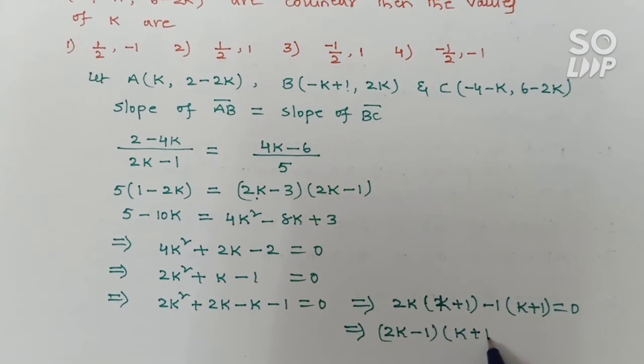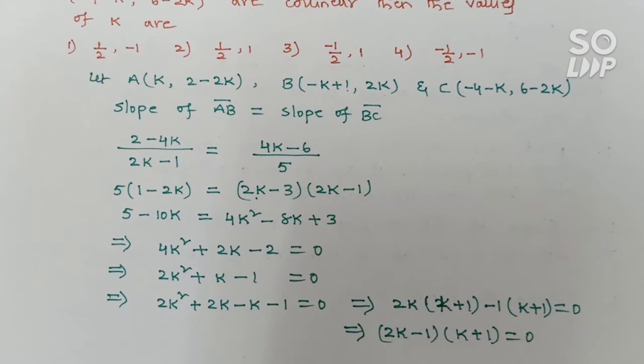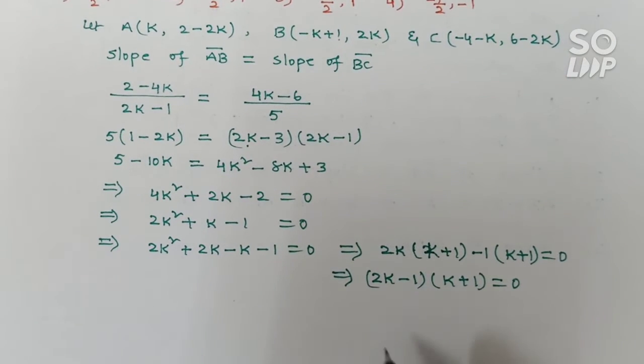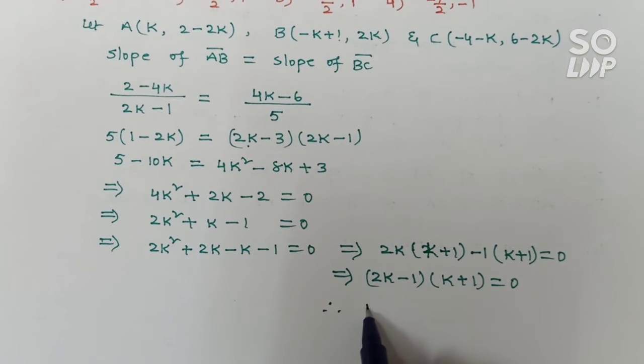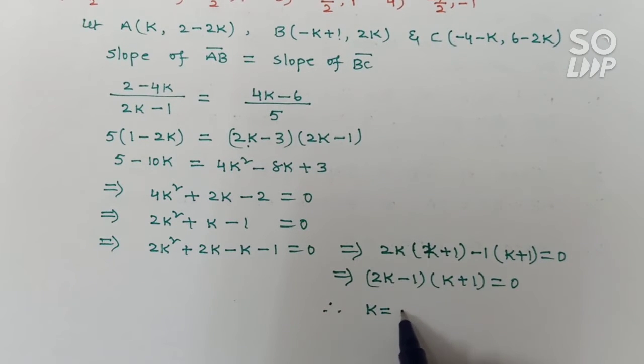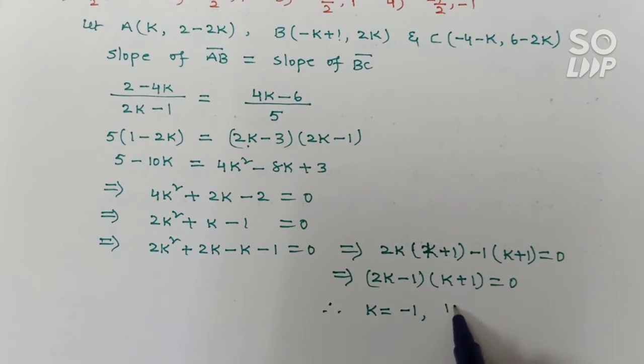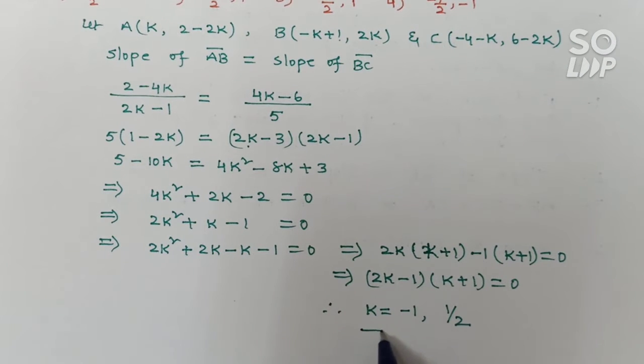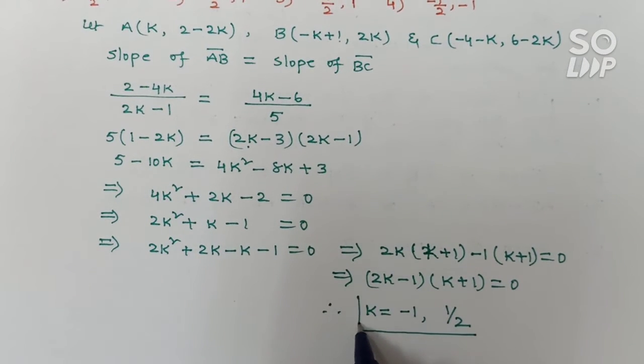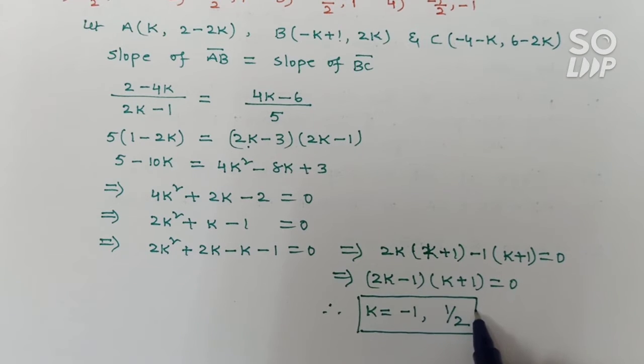So k plus 1 is equal to 0. Therefore, what is the k value? Therefore, k is equal to minus 1 comma 1 by 2. So, these are the k values if the given points are collinear.